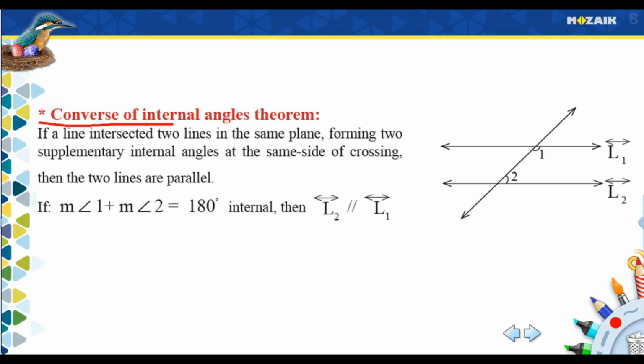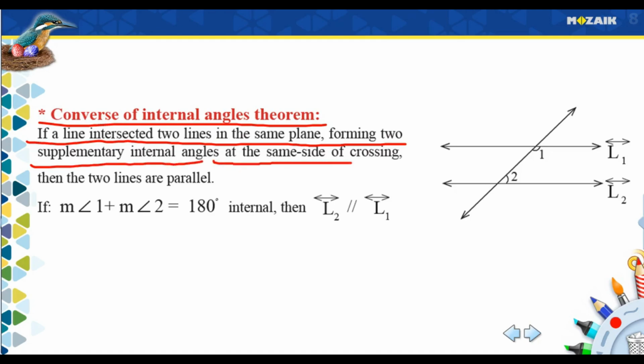The converse of the interior angles theorem. If a line intersects two lines in the same plane, forming two supplementary interior angles on the same side of the crossing, then the two lines are parallel.